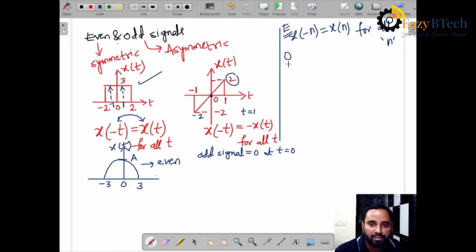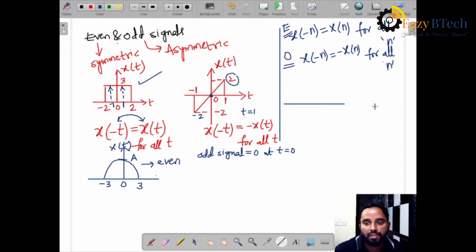If you take an odd signal, x of minus n is equal to minus of x of n for all n. And see the example here. Even signal, odd signal.